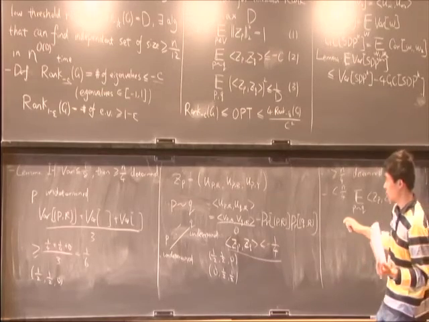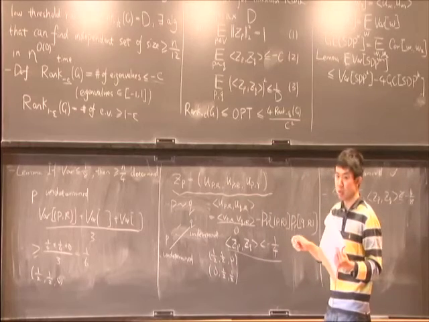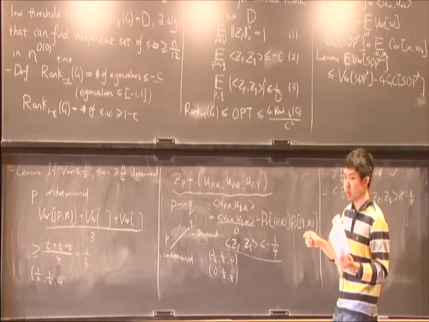Well, these vectors Z, they are not unit vectors, but they are very close to unit vectors.